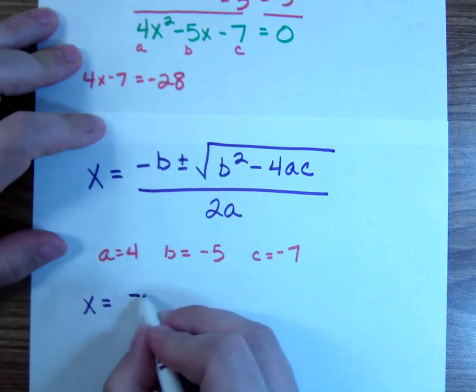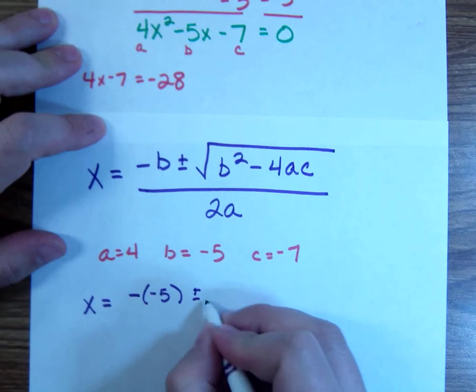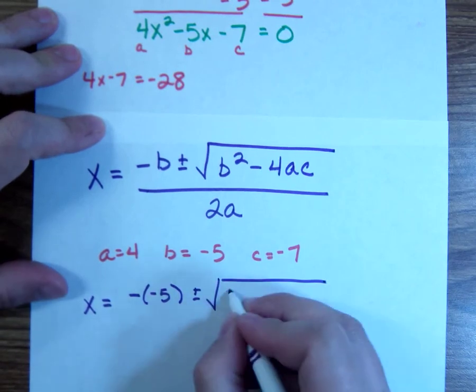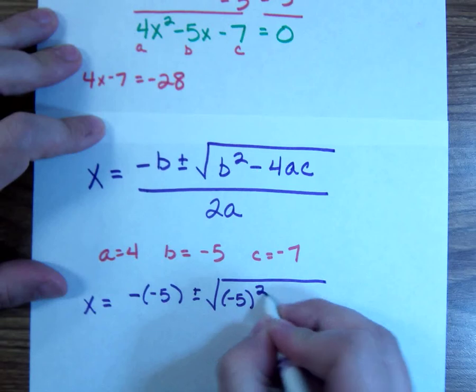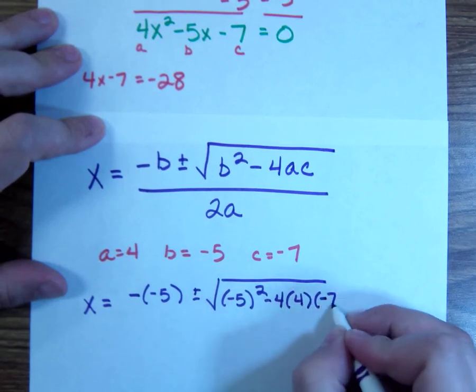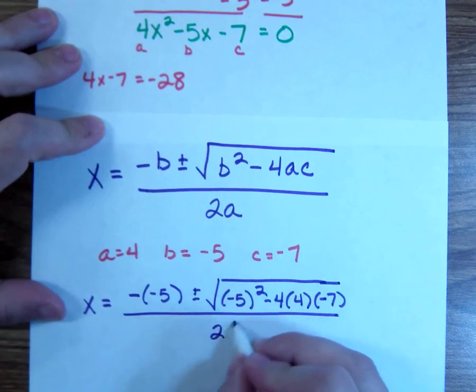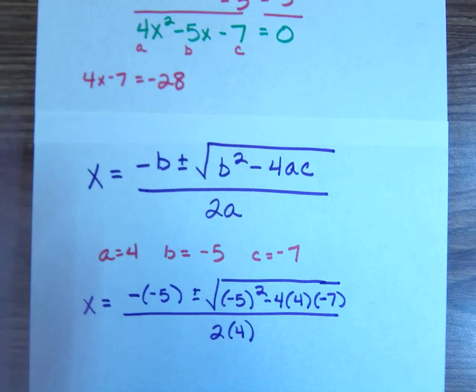So negative B plus or minus the square root of B squared minus 4AC, all over 2A. It's just a pain in the butt.